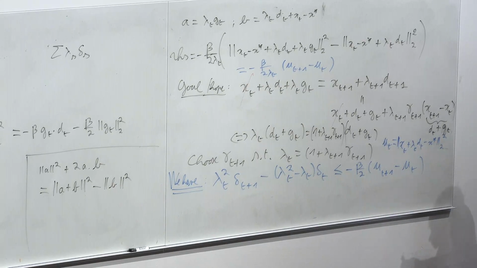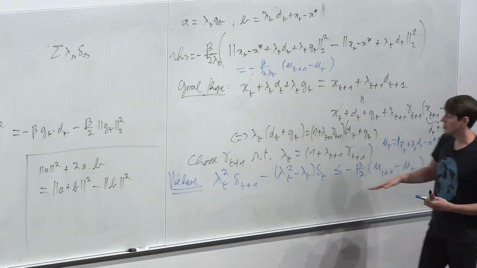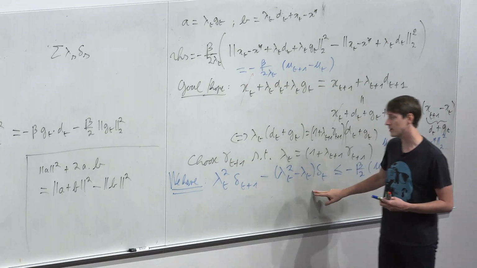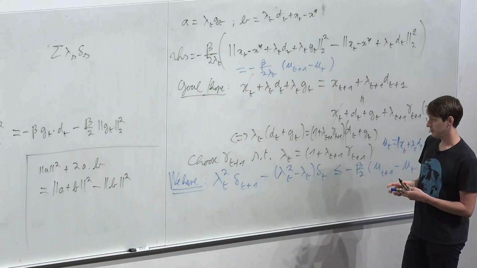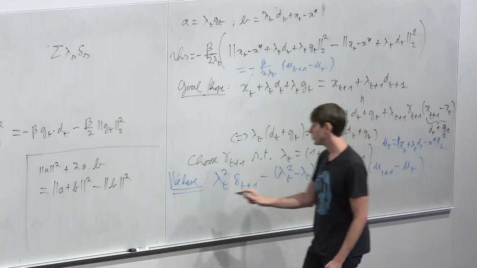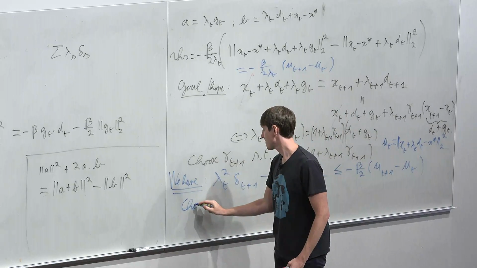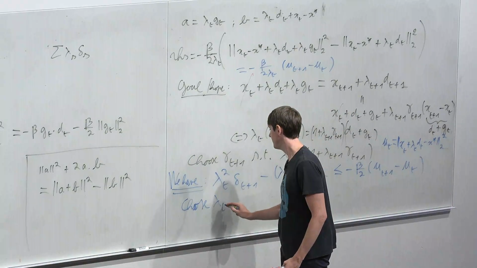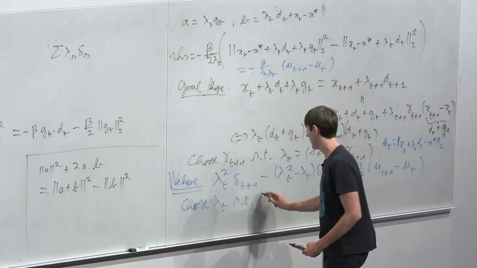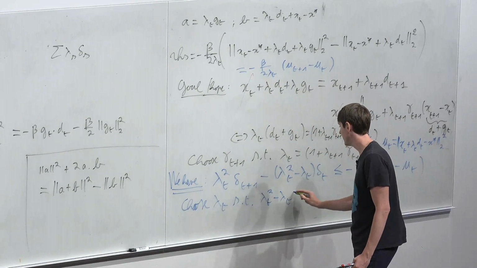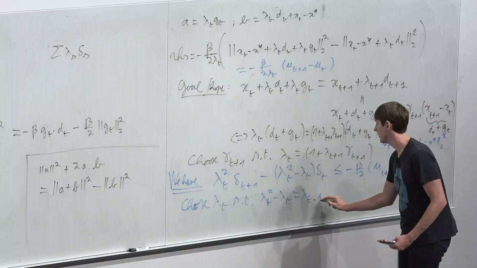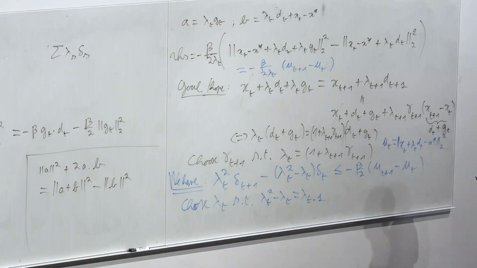And now I still have the choice of lambda t. So what am I going to choose? I'm going to choose lambda t so that I get also a telescopic sum on the left-hand side. So choose lambda t such that lambda t squared minus lambda t is equal to lambda t minus 1 squared.